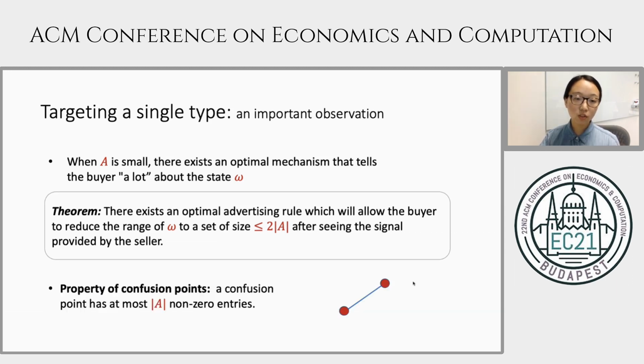This is due to a property of the confusion points. We can show that a confusion point will not have a lot of non-zero entries, the number of which is bounded by the number of actions. And combining this with the fact that there exists an optimal advertising rule that always has the buyer's posterior lying on the segments between confusion points, we get this result.